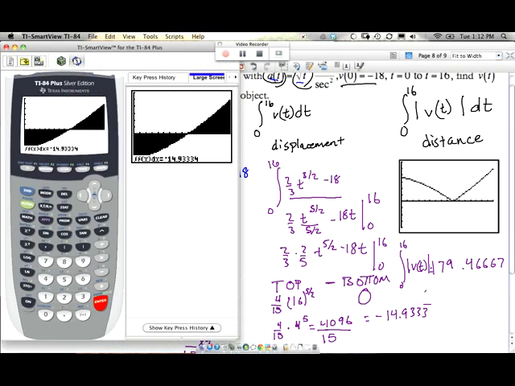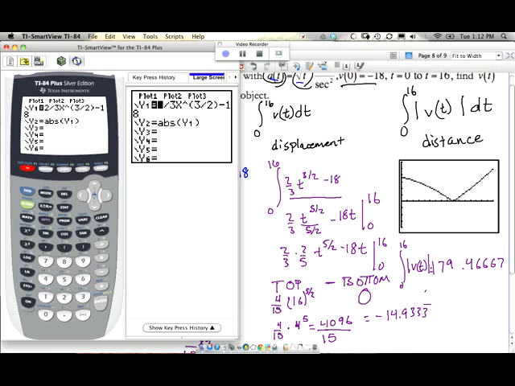Let's take a look. No, that should be right. 2/3 times x to the 3 halves minus 18. Well, I'm not sure. That looks good for the most part, but we'll have to take a closer look at it and see where our calculations are a little bit off.